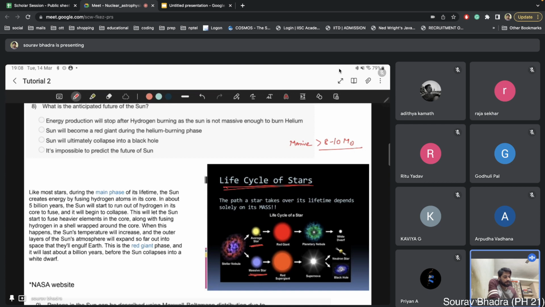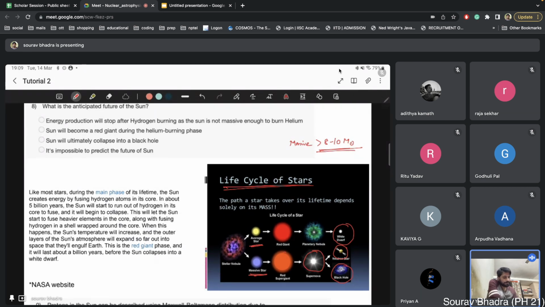If the star has a solar mass or the average mass, it will go through the red giant phase, then a planetary nebula, and it will end its life as a white dwarf. If the mass is very high, greater than 8 to 10 solar masses, it will go through a red supergiant phase, then a supernova explosion, and then a neutron star or a black hole can be formed. I cannot tell you in detail what those objects are, because that will take much time and is not covered in this course.